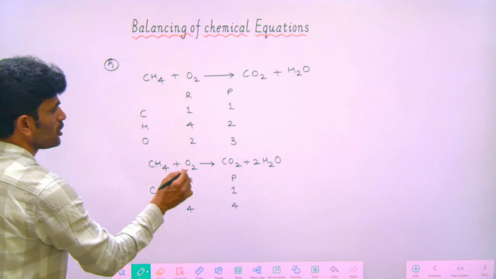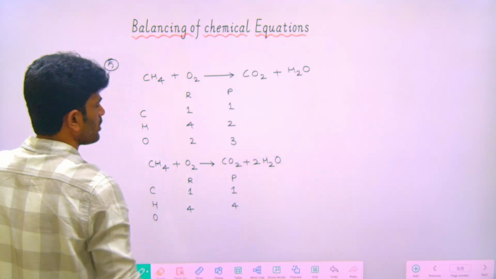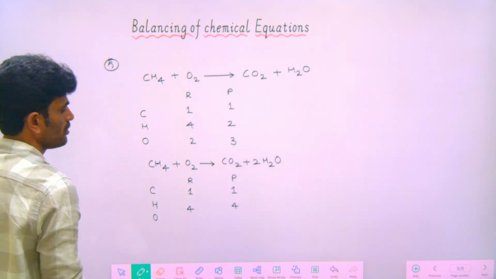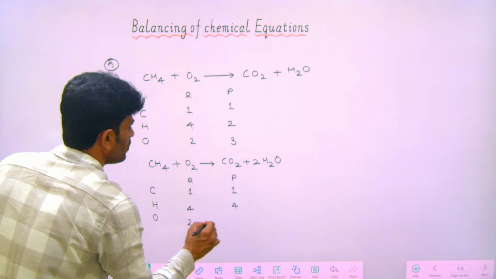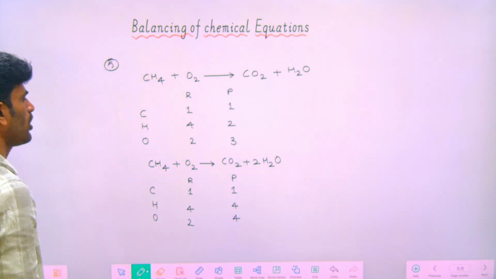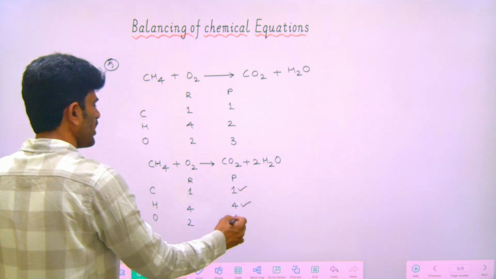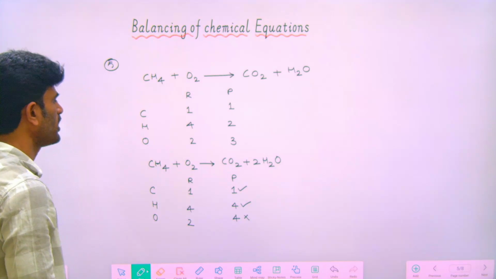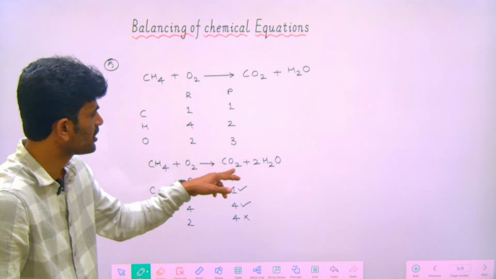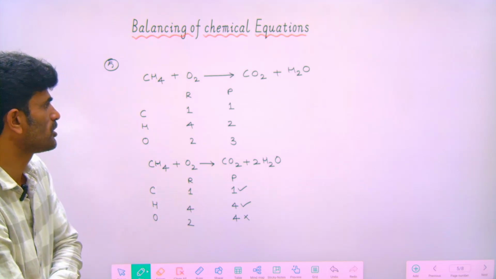But oxygens, here two, and here two plus two, total four. So this side two, this side four. Oxygens are not balanced. To balance oxygen, here already four are there, and here if we write two, then oxygens will also be balanced.